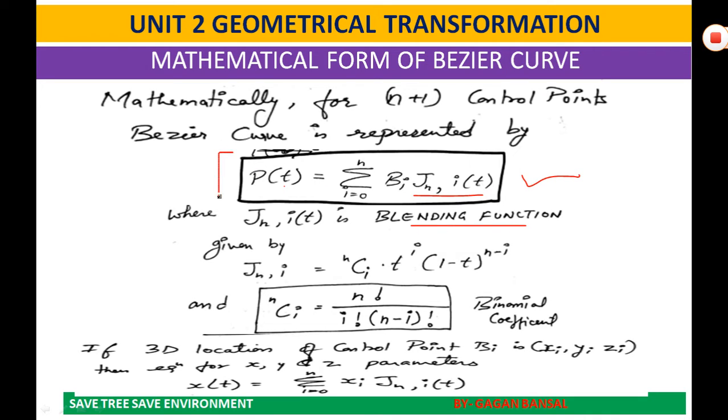You should know this particular equation of the Bezier curve, which helps in solving the numericals. Here J(n,i) is the blending function.